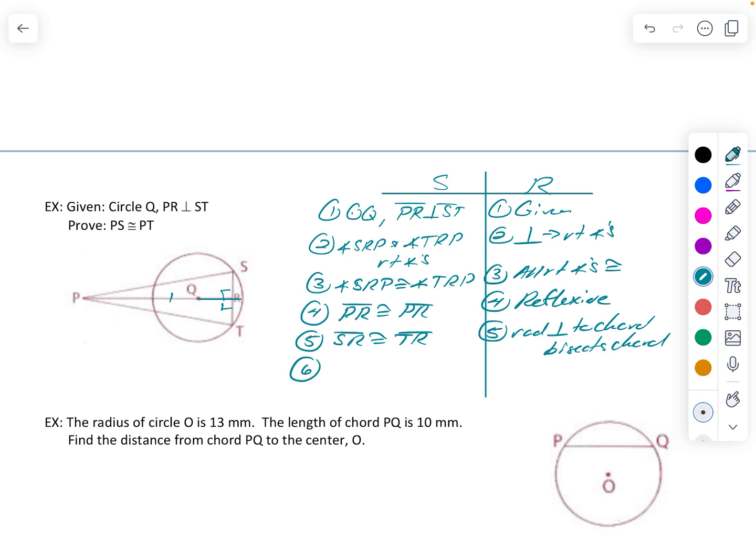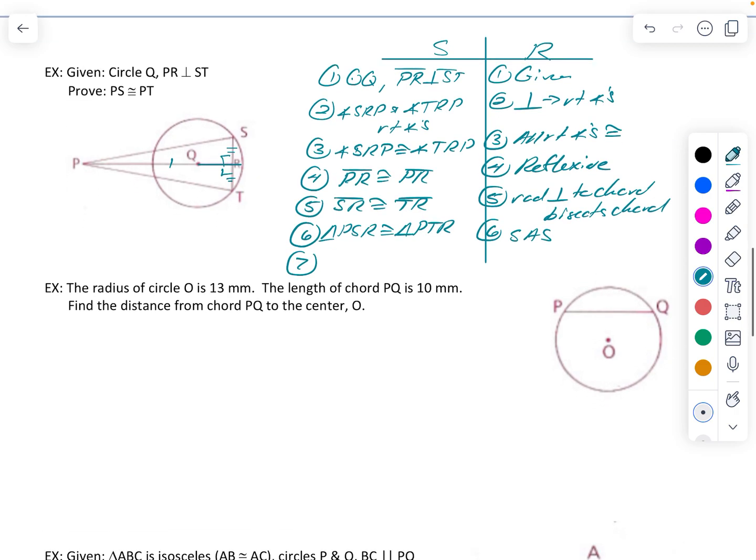Okay, so number 6. Now that we have that, we have congruent triangles. So we can say triangle PSR congruent to triangle PTR by SAS. And then finally, we can say that PS congruent to PT by CPCTC.